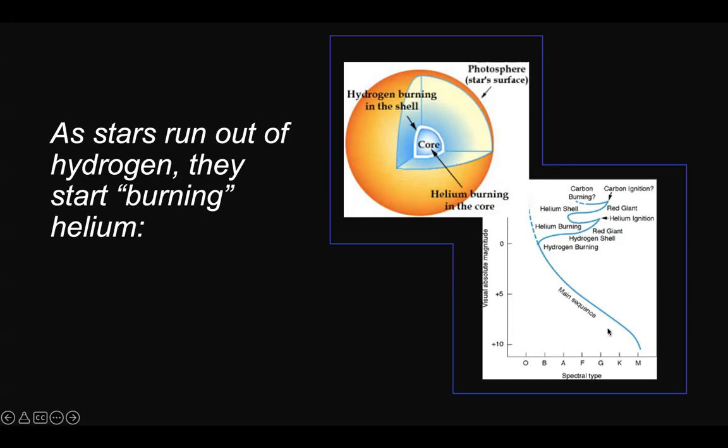That is the process going on. After that, it wanders off and goes into the giant stage and so on. But before it sits on the main sequence, you have certain Hayashi and Henyey tracks, which you shall see as we proceed ahead.